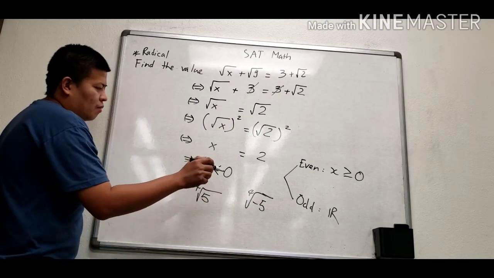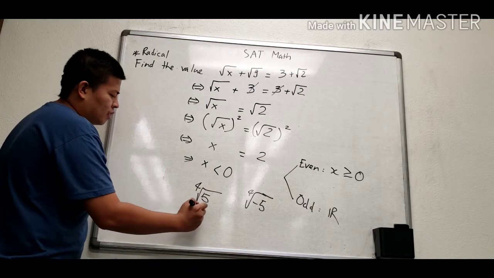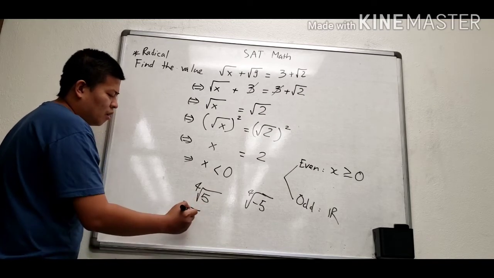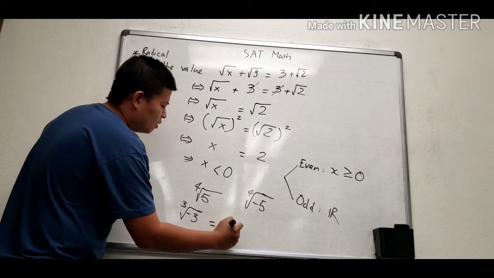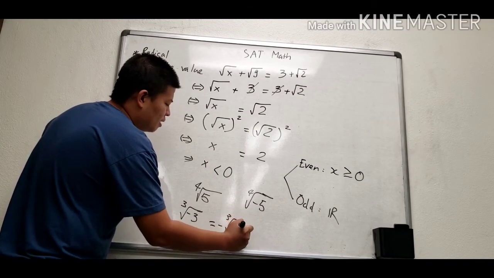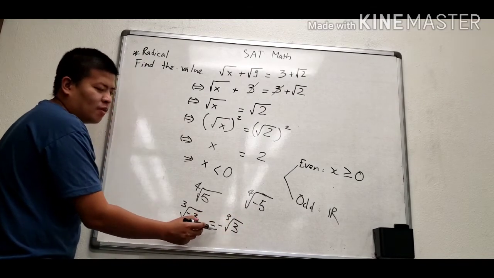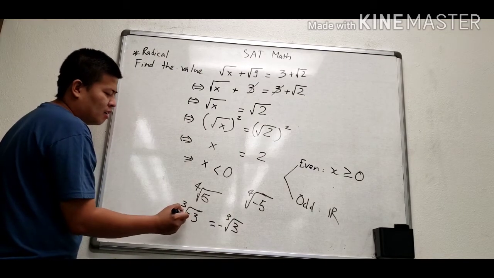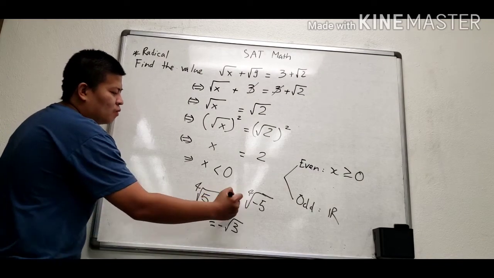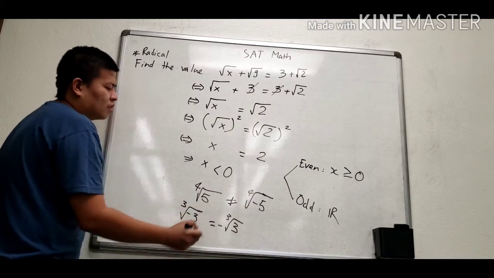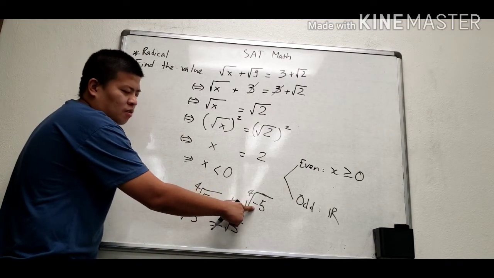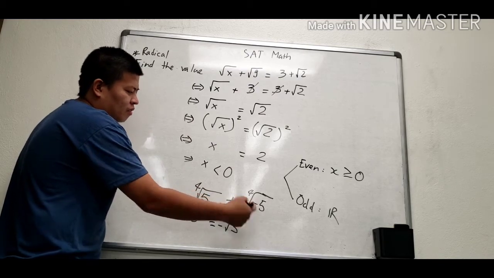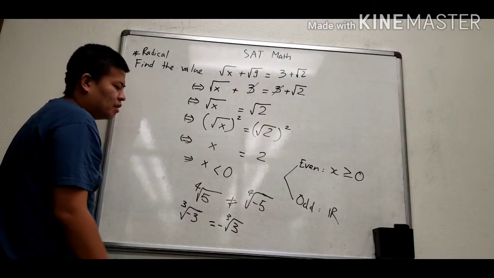And if they have an odd root, for example, the cubic root of -3, it can become the cubic root of 3, and we put the negative sign outside the number. However, this one they cannot, because the negative in the even root will become a complex number.